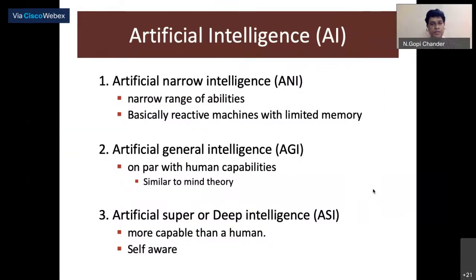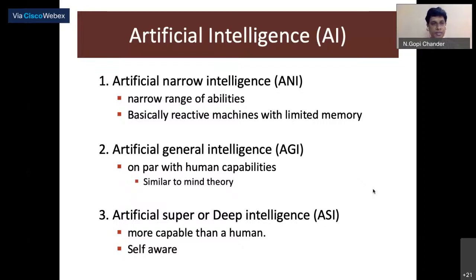There are numerous ways of classifying or grouping it, and that's more in terms of theoretical aspects. To make understanding simple, it can be classified into three types: type 1, type 2, and type 3. One is narrow intelligence. That is basically in terms of the amount of intelligence that the machine can mimic. Narrow intelligence has very minimal simulation. It can act or simulate you in a very minimal way.